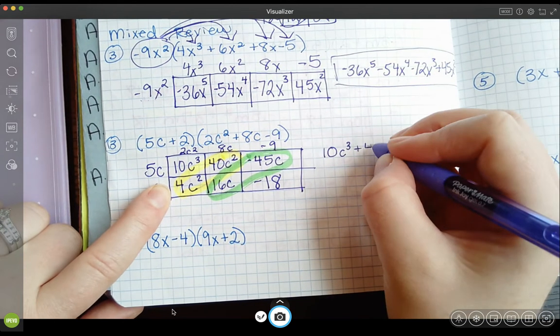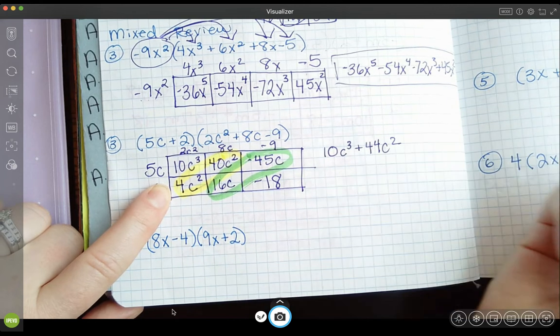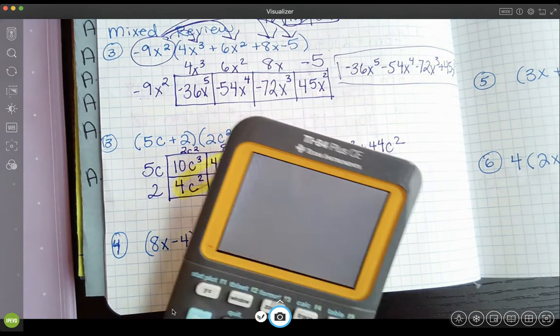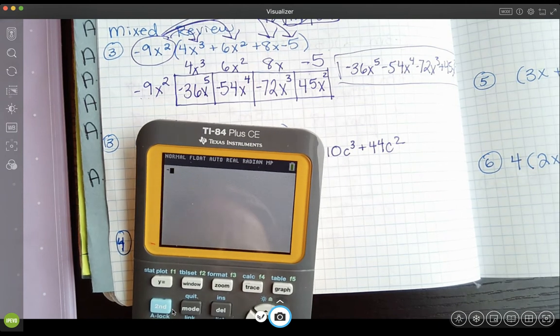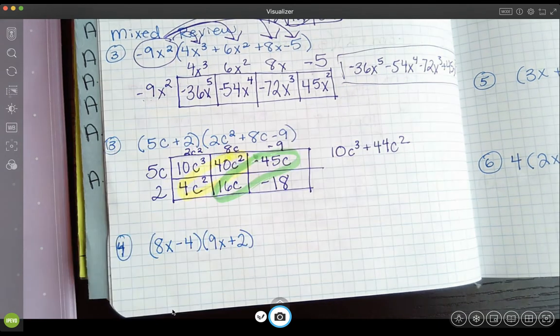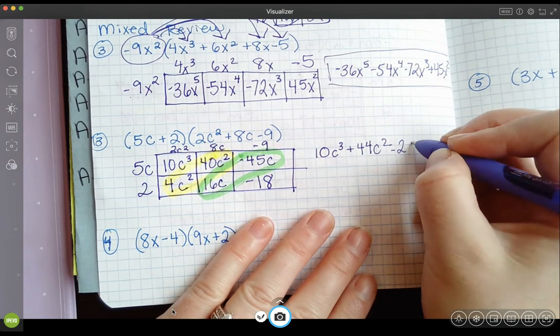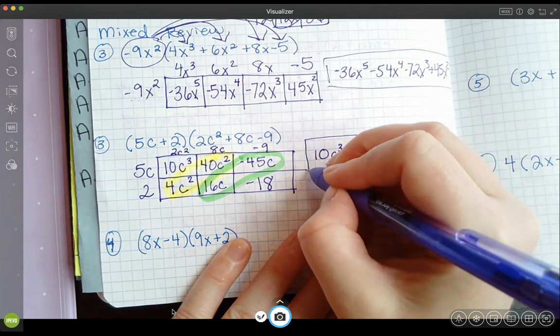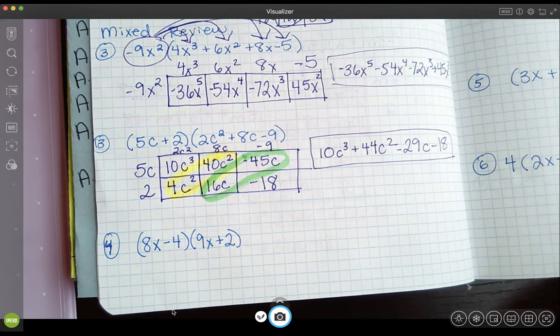So it's 44c squared. And then negative 45 and a positive 16. Because I don't want to mess up, I'm going to use my calculator. Negative 45 plus 16 is negative 29c. And then minus 18. And that's going in descending order.